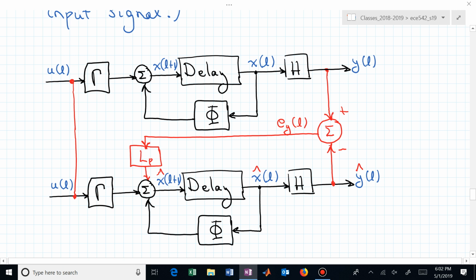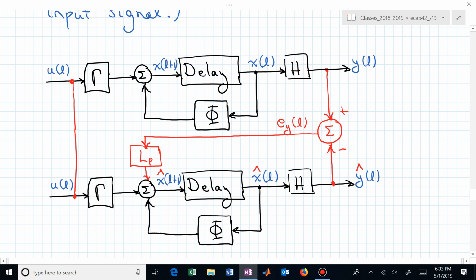L sub p, you want to select that so that the dynamics of your estimator are fast enough to make x hat a good estimate of x somewhat quickly. So if you want your closed loop dynamics to have poles, let's just throw some numbers out here, at 0.8 and 0.9, you might want your x hat to get to x much faster than x is going to get to its final value.